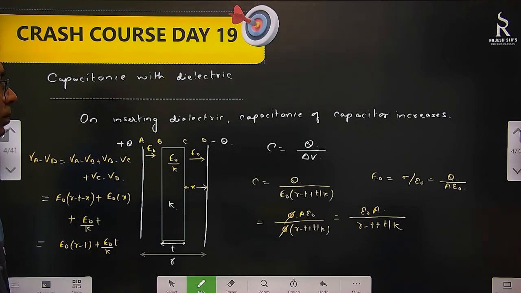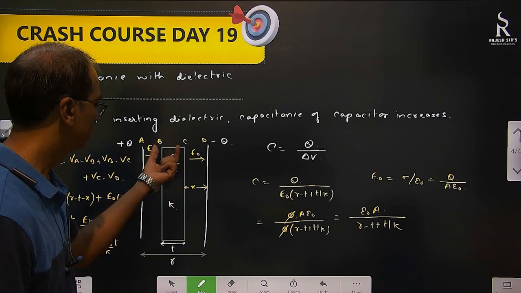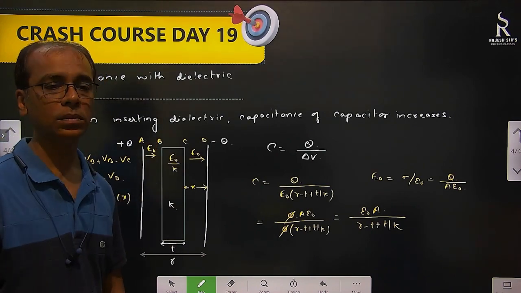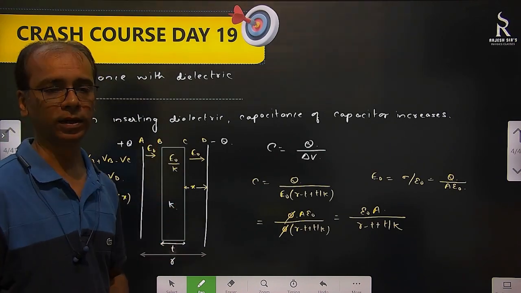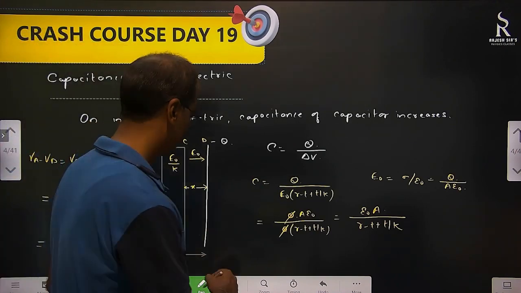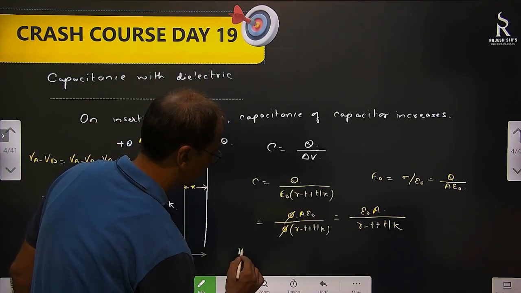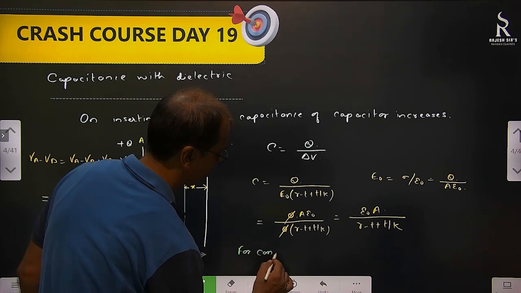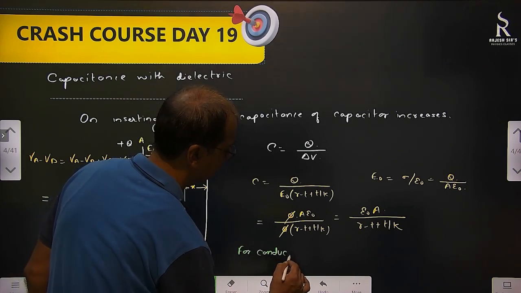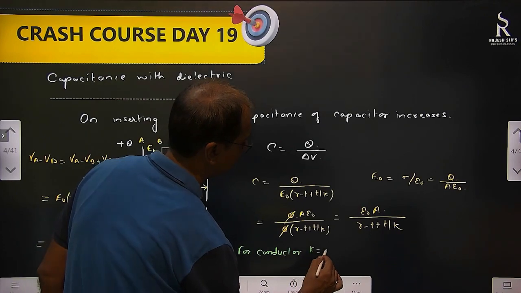Now suppose this is a conducting medium. For a conducting medium or metal, K is infinite.